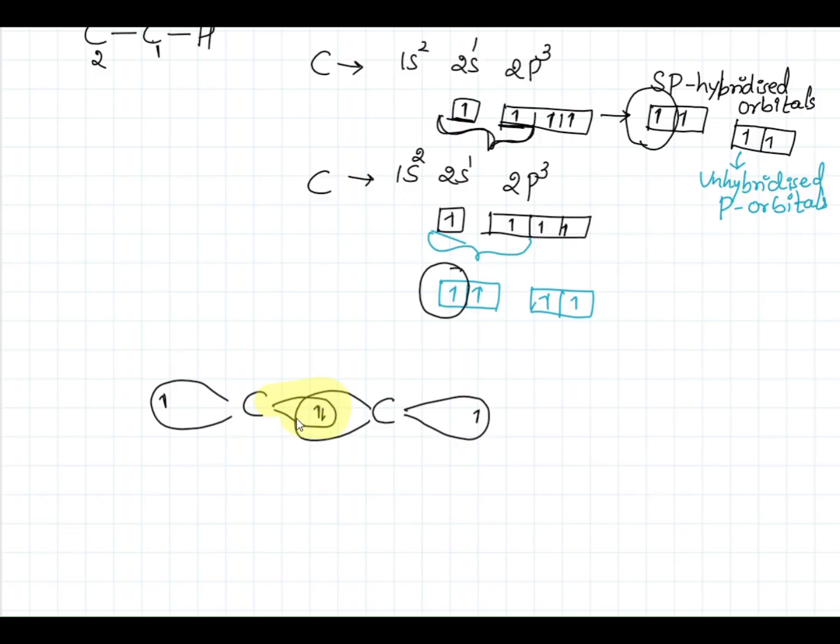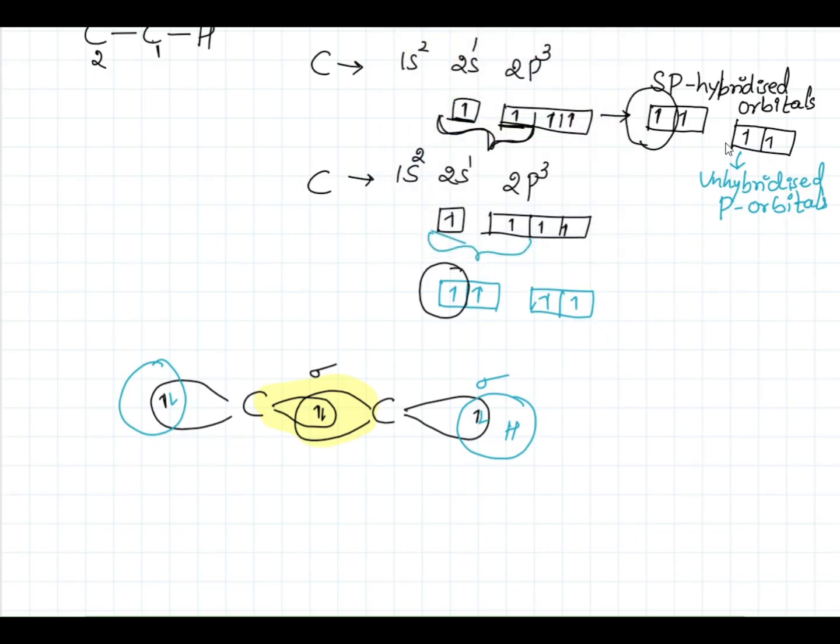Hence the sp hybridized orbitals of the two carbons overlap, and there is formation of a carbon-carbon sigma bond. The remaining two hydrogens will form bonds with the other sp hybridized orbitals, which is also the formation of sigma bonds.